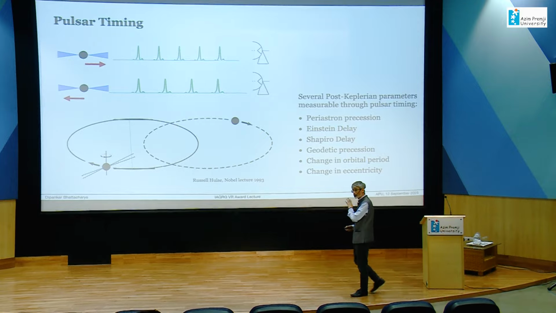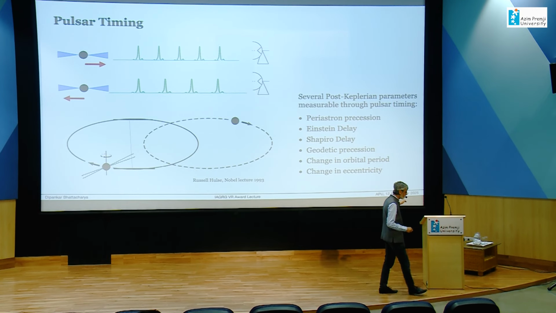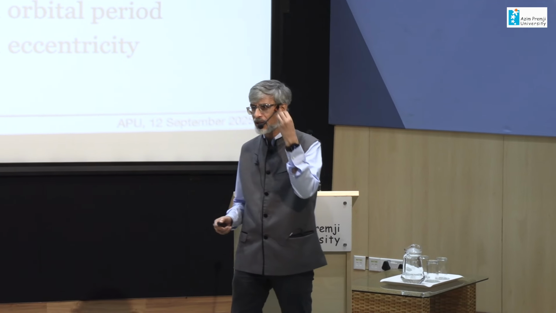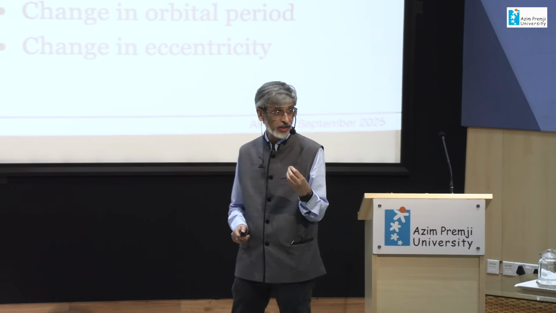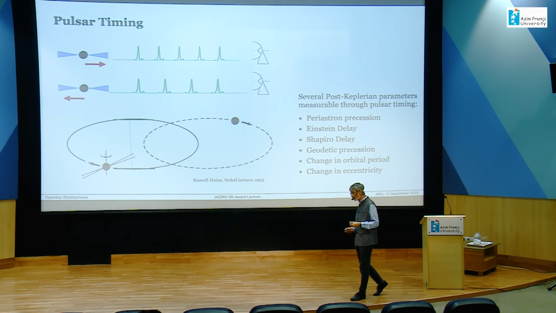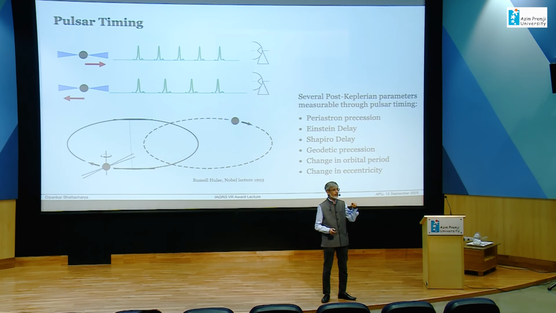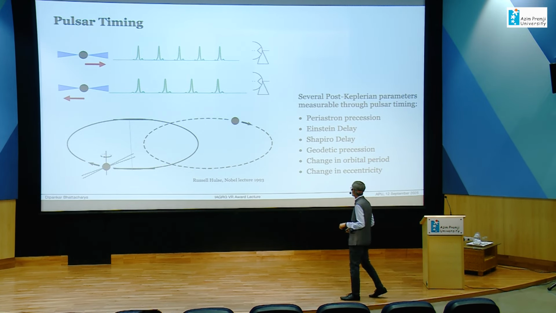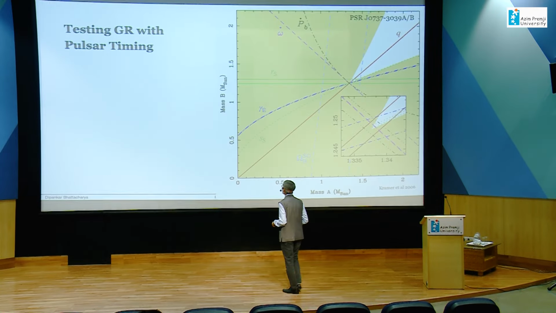All of these can be found from these measurements. So there are a whole host of measurements which are far more than necessary to actually fully characterize the orbit. And these are all predicted from relativity or any theory of gravity. So you can then turn it around and start testing the theory of gravity itself, and see if all these measurements are consistent with what is predicted from a theory of gravity.